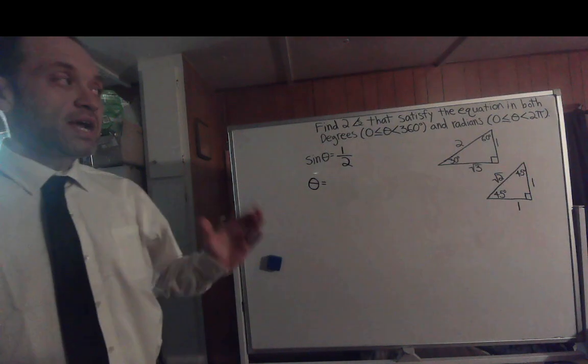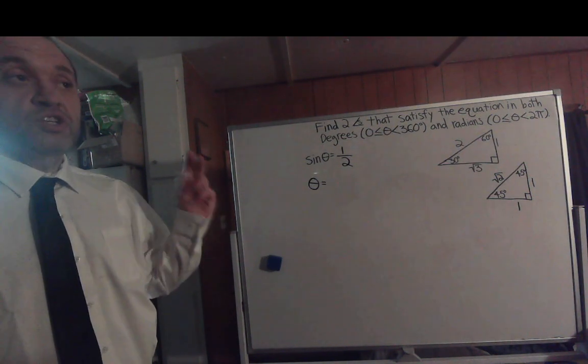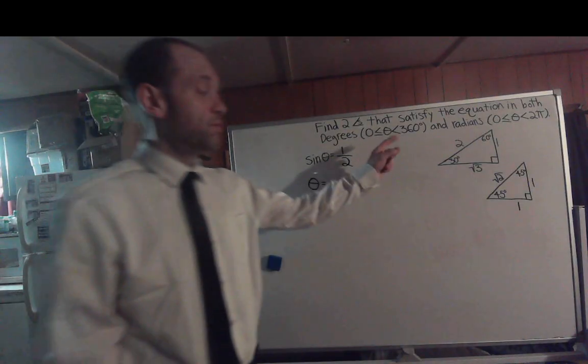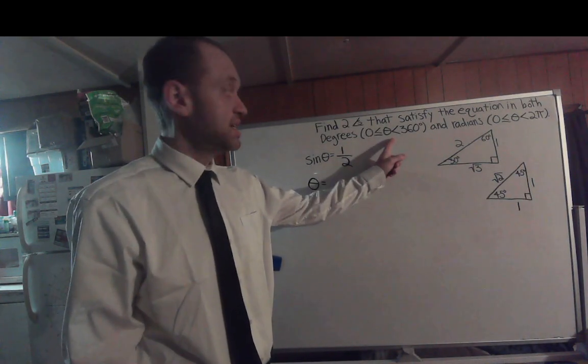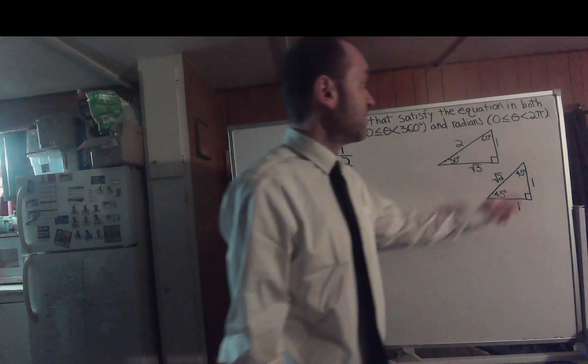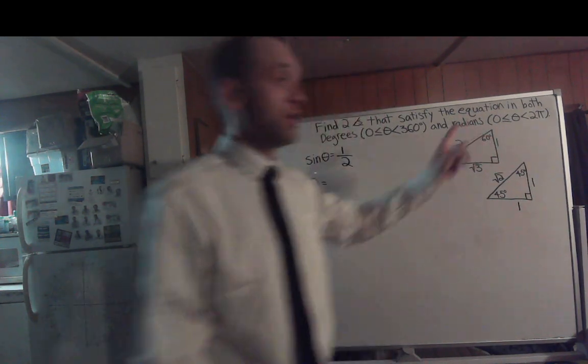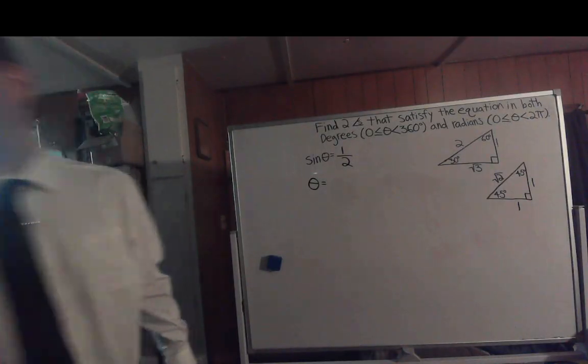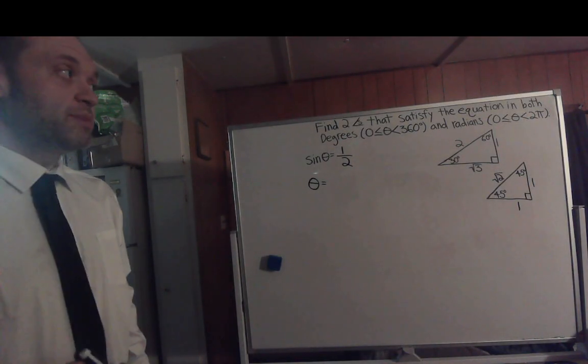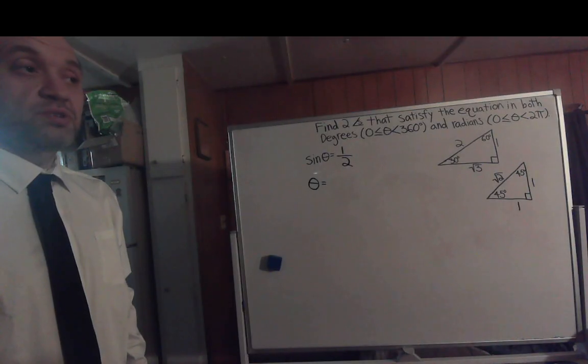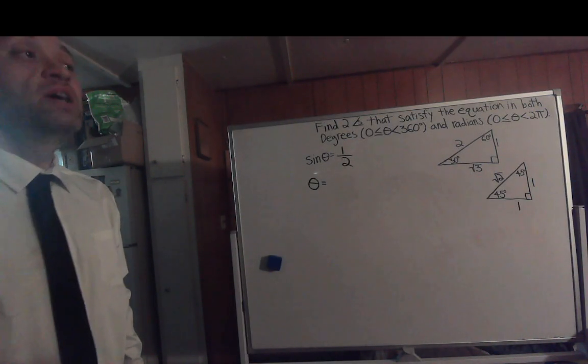And for every angle, there are actually 2 values of that in the interval from 0 to 360 if you're going in degrees, and from 0 to 2 pi if you're doing it in radians. Now, some of you who know some trig already may say, well, couldn't we just use the inverse trig functions?